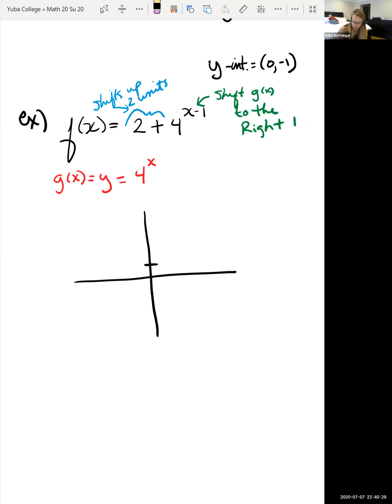This point here at 0, 1: if I shift that point to the right one, my x value now is 1. And now I'm going to shift it up 2. That gives me a y value of 3. So now it becomes 1, 3.